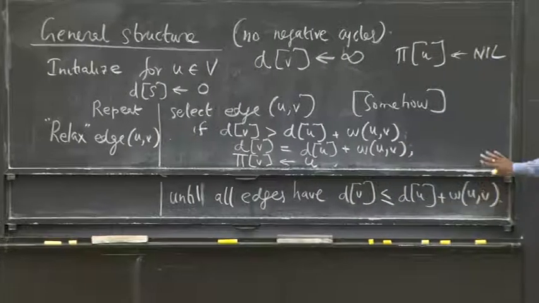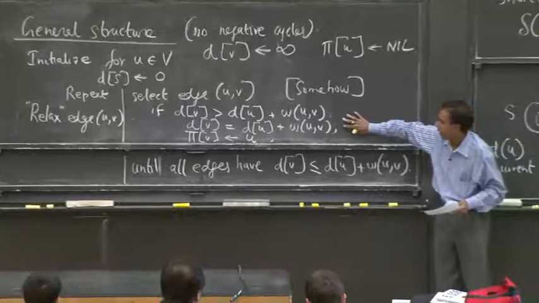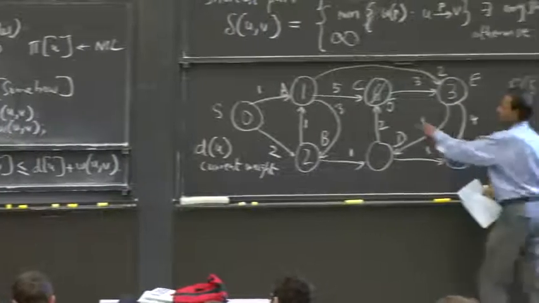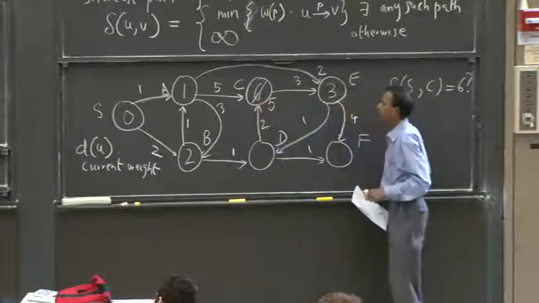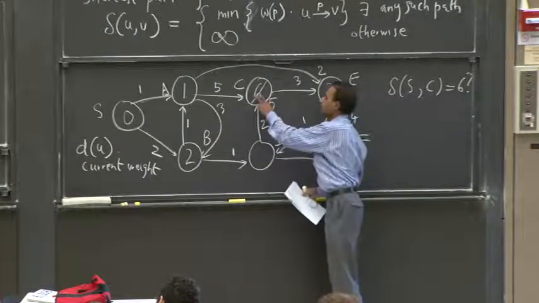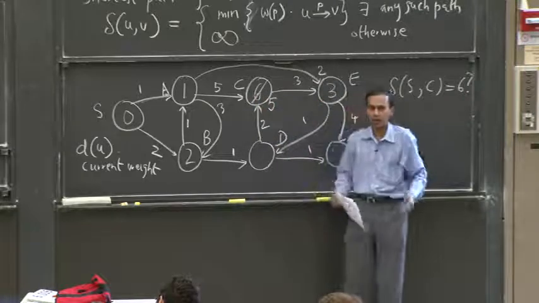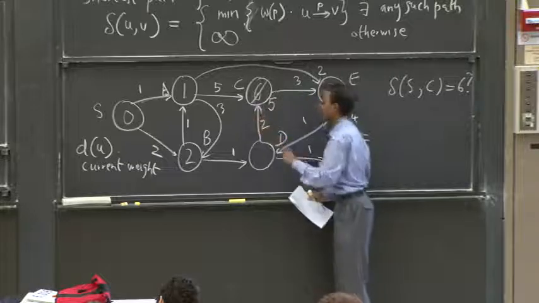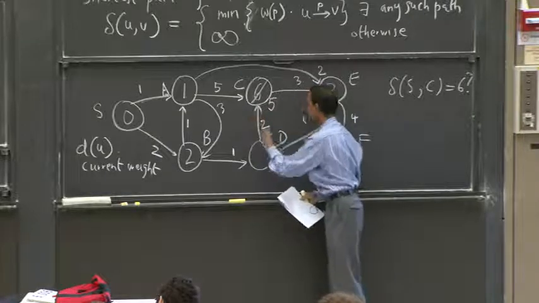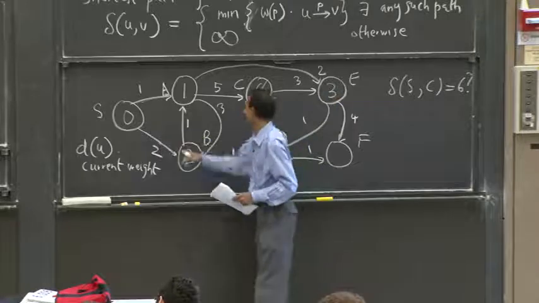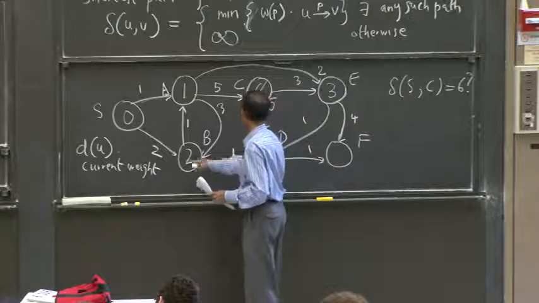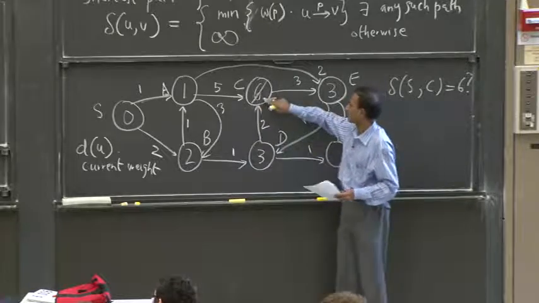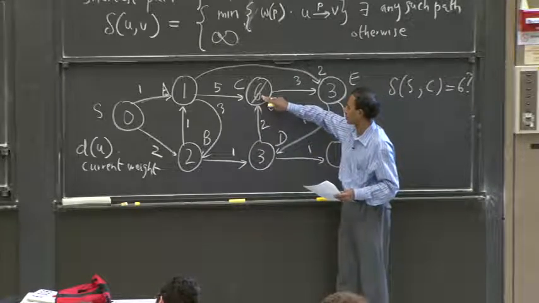So hopefully you got the notion of relaxation, which, from a pictorial standpoint, is simply something that we did when we looked at updating the value of 6 to 5, for example. Right? So we said, through this process, if I relax this particular edge, and let's say the vertex here had 3, and this was originally 6. I look at it and I say, d of C is 6.